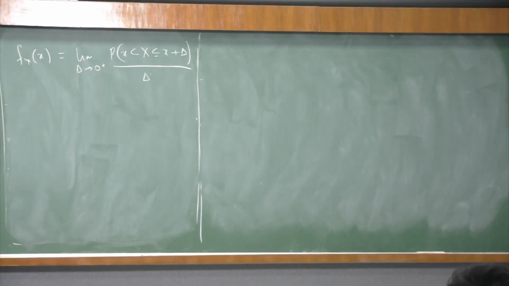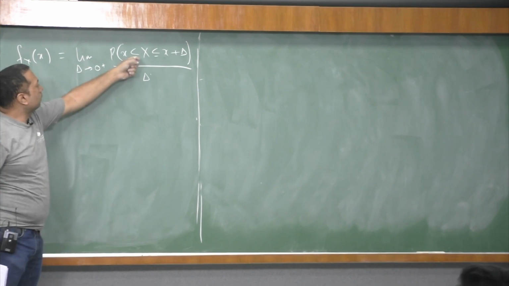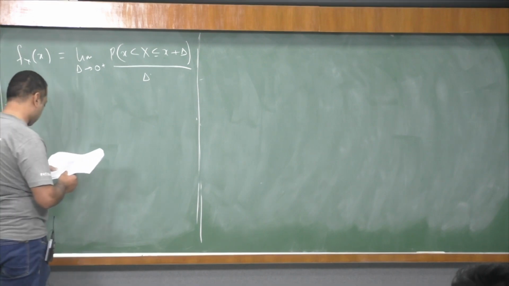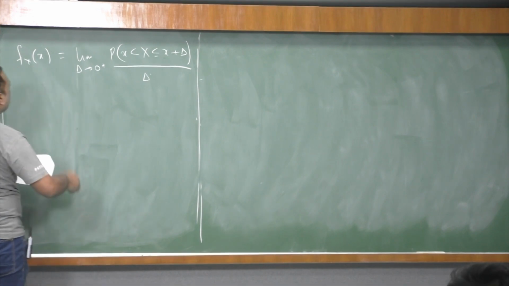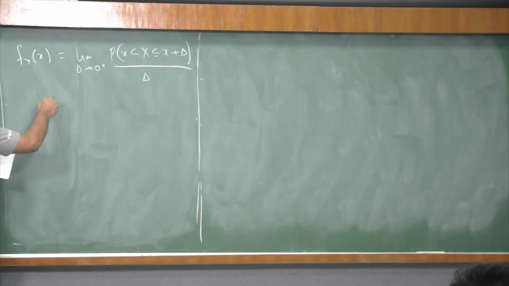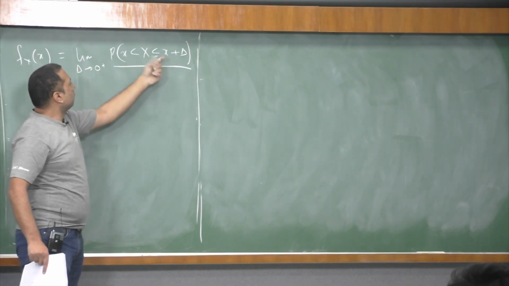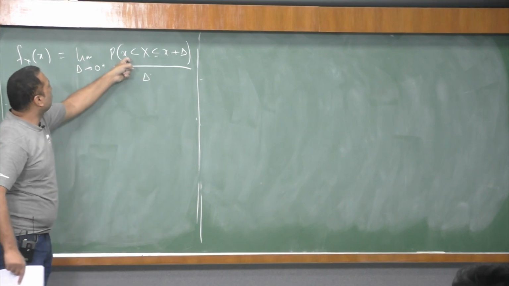In the continuous case we define it in that way, the instantaneous change in the probability values at a point x. Now this probability value can be given via the CDF, because the CDF is the probability value cumulative until x. In this case we are saying between this and this. So for this interval it will be until here minus until here.